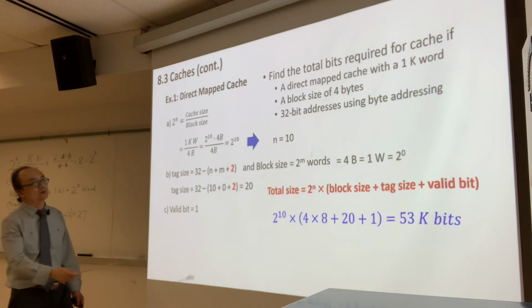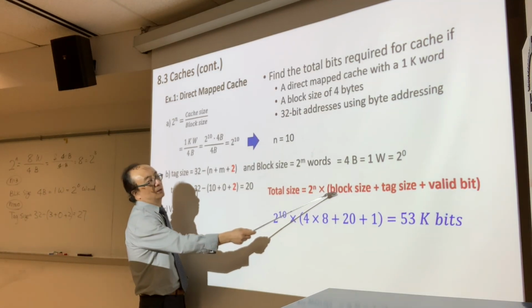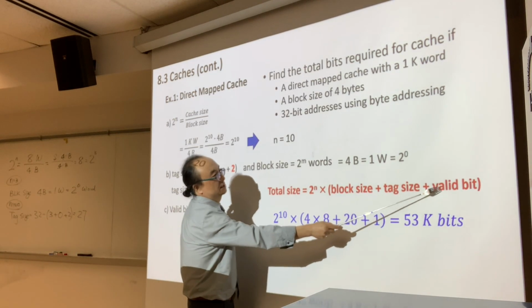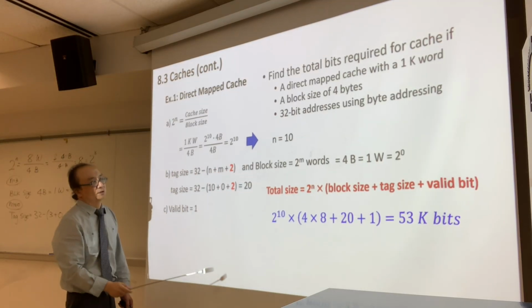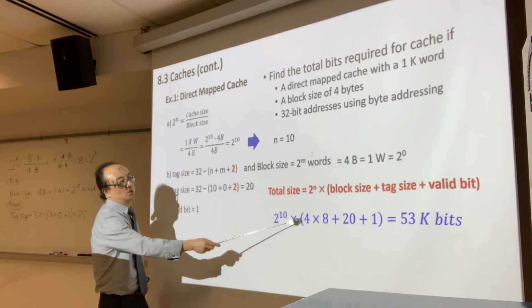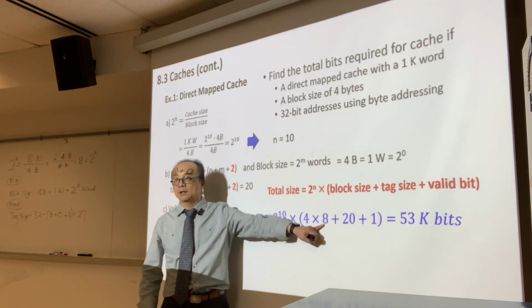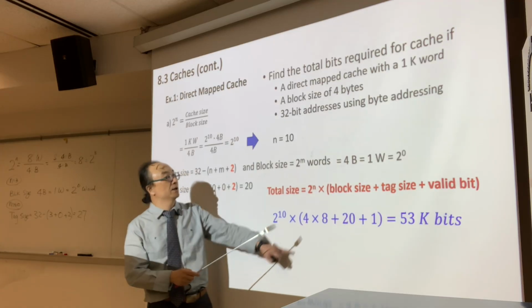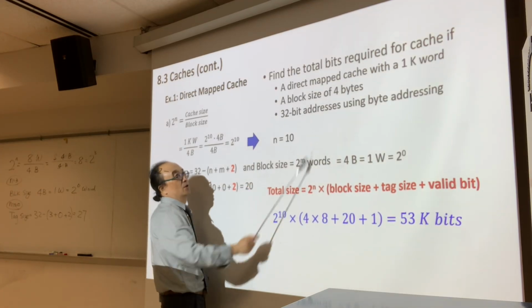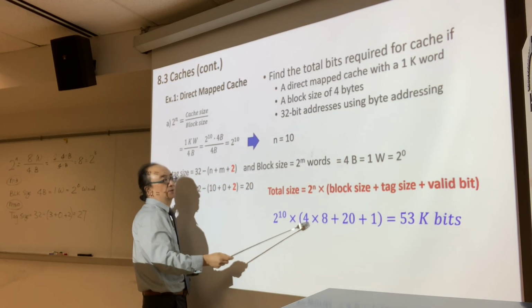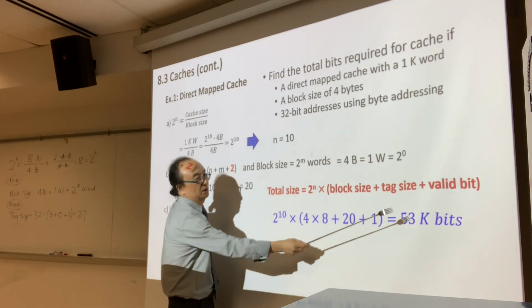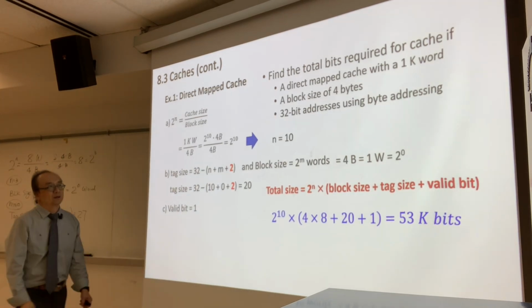So finally, the total size is 2 to the n times block size plus tag size and the valid bit. So it's 2 to the 10 times 4 times 8 plus 20 plus 1. Has to be all in bits. So that's why we have 4 times 8, 4 bytes of the block size, 4 times 8 plus 20 plus 1, 53 kilobits.